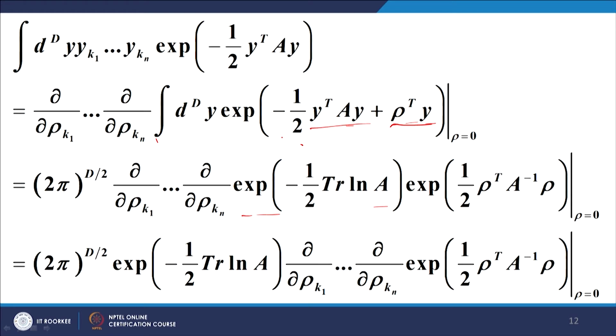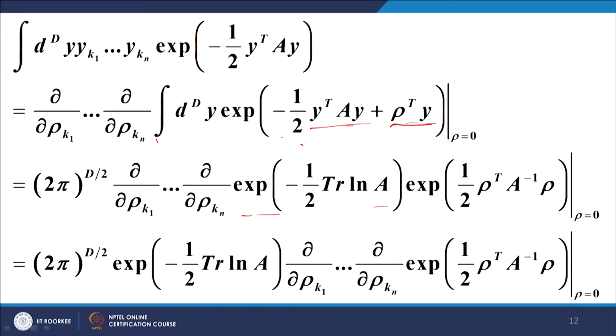Now, again this factor is independent of rho. Let us take it outside the differentiation operators. You put the 2 pi to the d by 2 constant, you take this which is independent of rho outside, and the differentiation operators with respect to the various rhos are operating on this quantity.